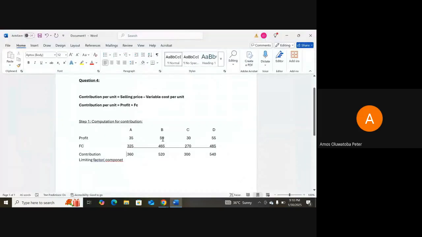If they mention single, what does single mean? One. It means they are using one component for each product. So our limiting factor is the component, but the unit they use is one.